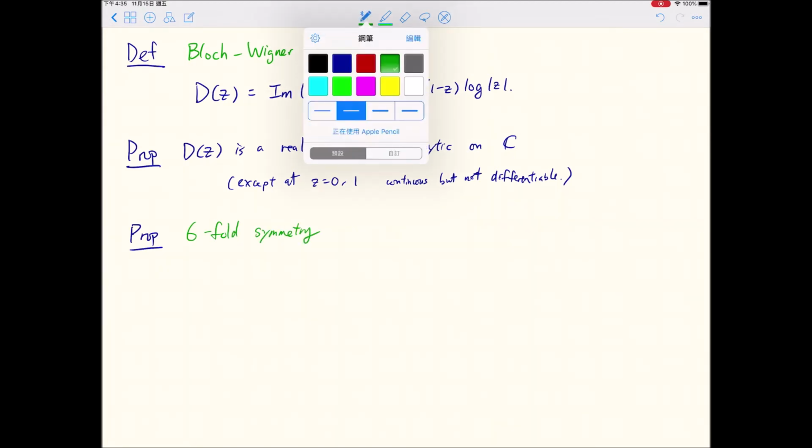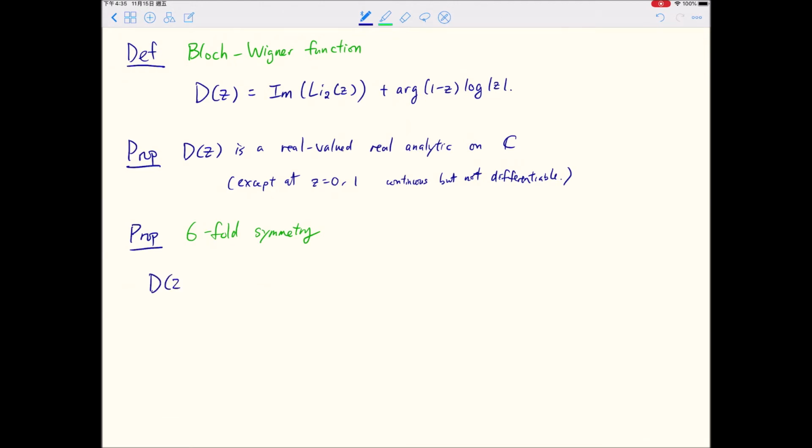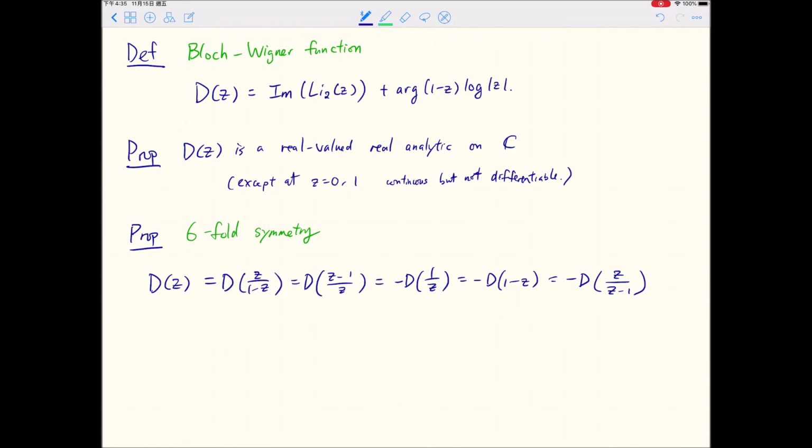So we really just rewrite the previous relation, but now they are actual equality. And furthermore, the previous pentagon identity can also be written using this Bloch-Wigner version.